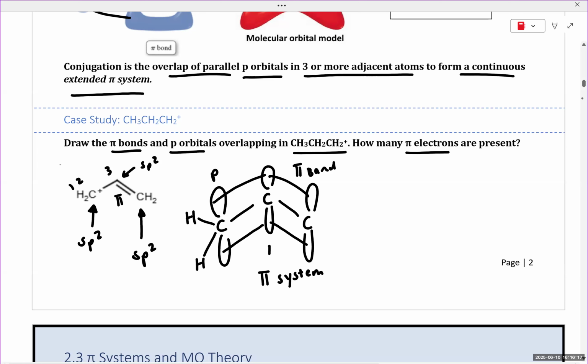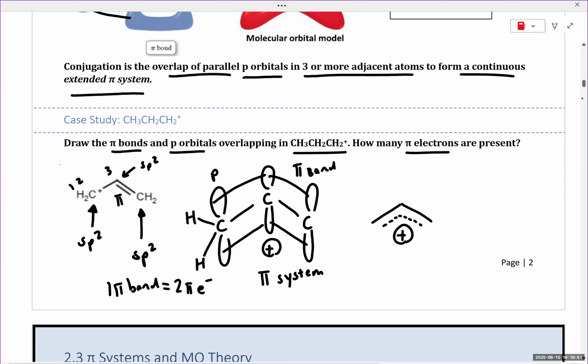So in this case, we're distributing the electron density found in this pi bond across all of our atoms, and we're distributing our positive charge across all of our carbon atoms. Importantly, if we're counting pi electrons here, we have one pi bond, and this one pi bond represents two pi electrons. Remember, two electrons per bond.